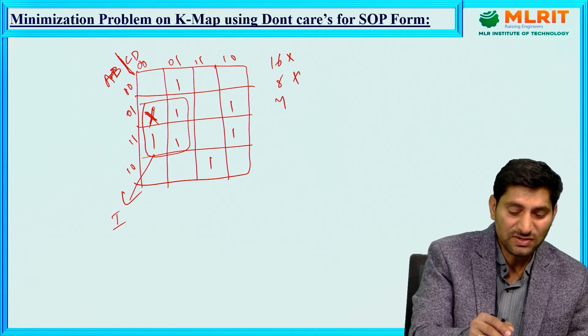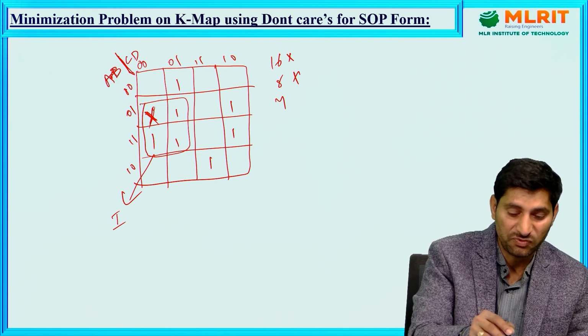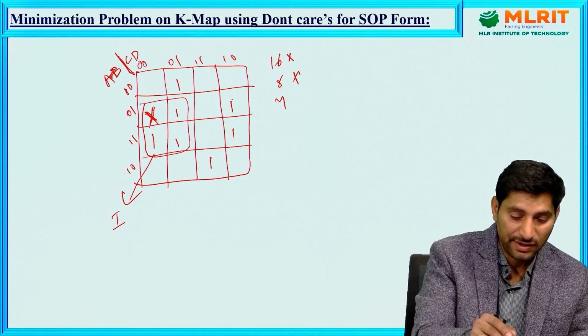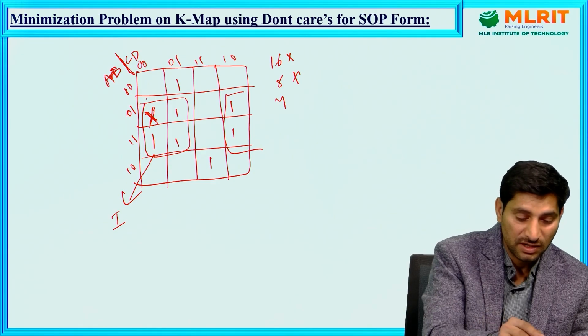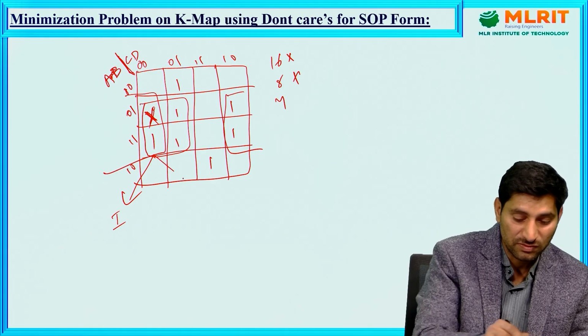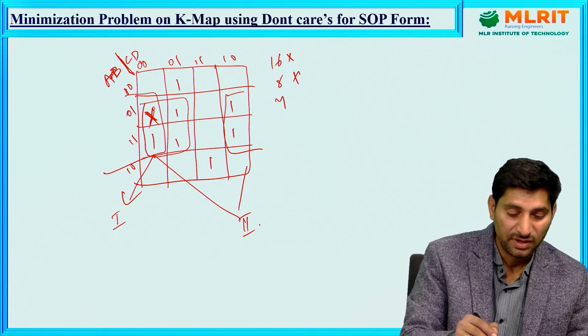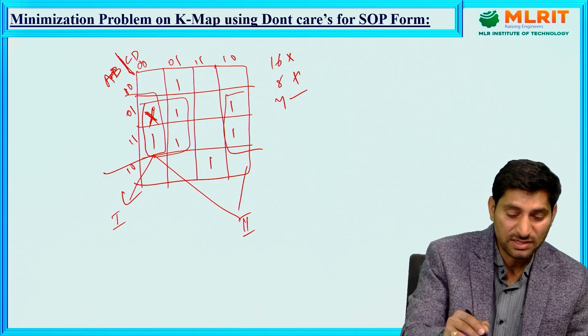Next we have to see, is there any combinations while grouping for 4 cells grouping. So yeah, we can group this one, this last with these 2. So this is one more group, right?